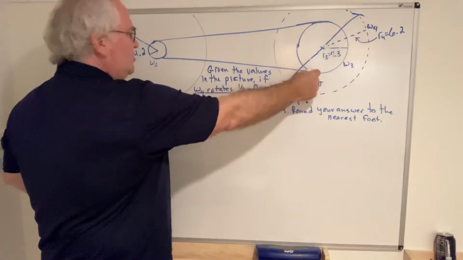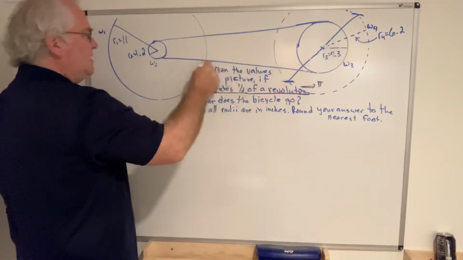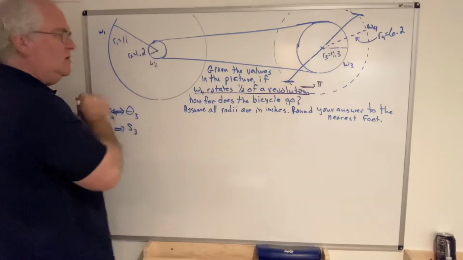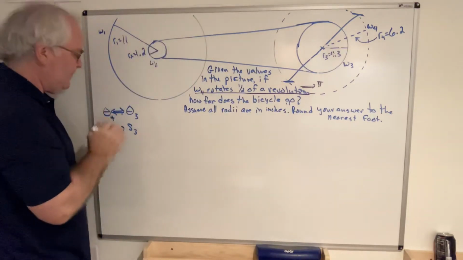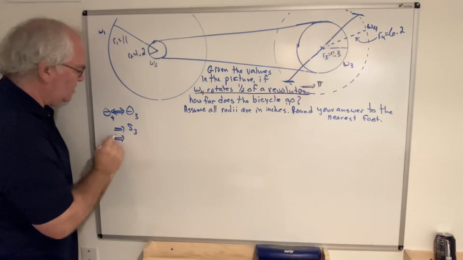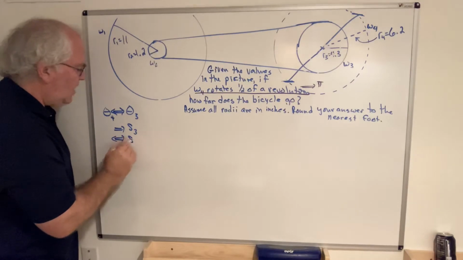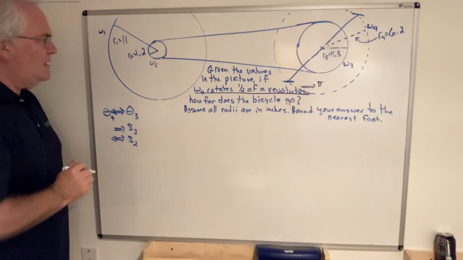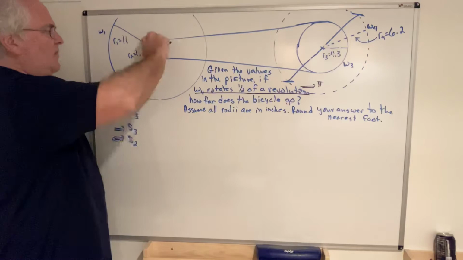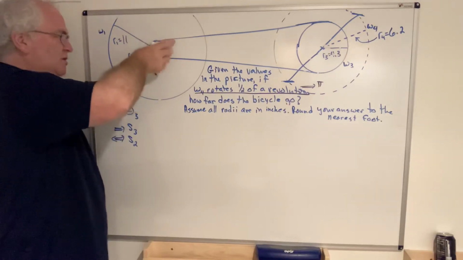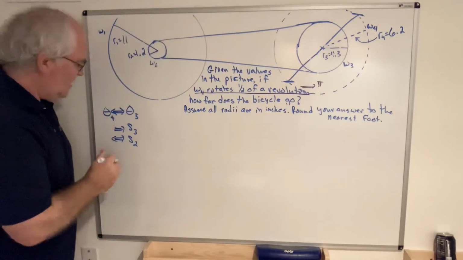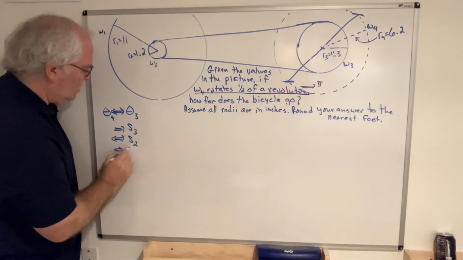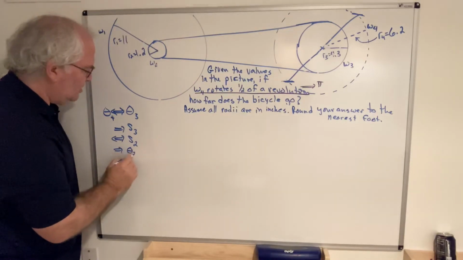Arc length, the amount of chain feeding out of the front, is the same as the amount of chain feeding into the back because the chain is fixed. And so that gives us arc length number 3 equal to arc length number 2. But if we know arc length number 2, then we can compute the angle through which circle 2 rotates. So we can use that to compute angle number 2.